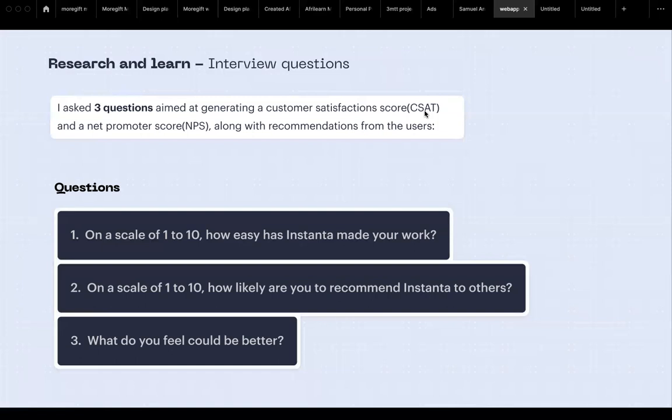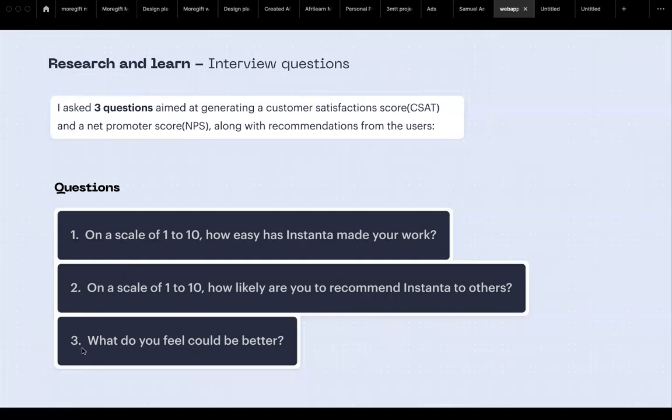Now, there's another one I also use, the net promoter score. Net promoter score comes from the user's likelihood of recommending your app to somebody else, because it usually shows that they like it. So that question was, on a scale of 1 to 10, how likely are you to recommend Instantata to others?